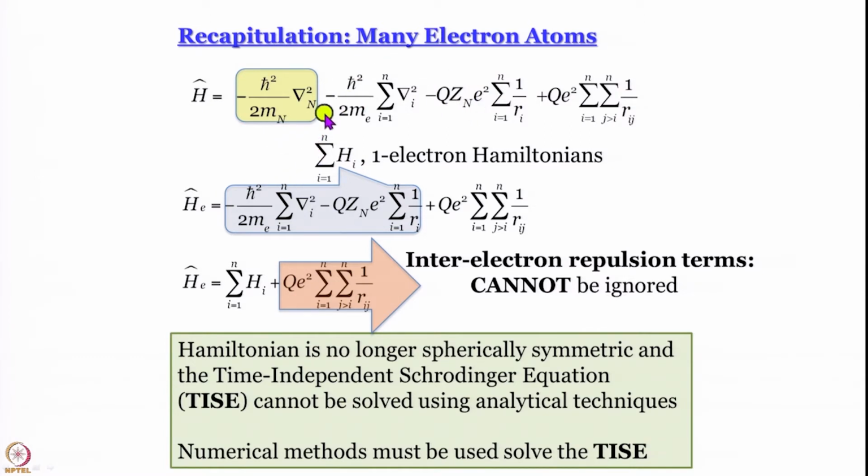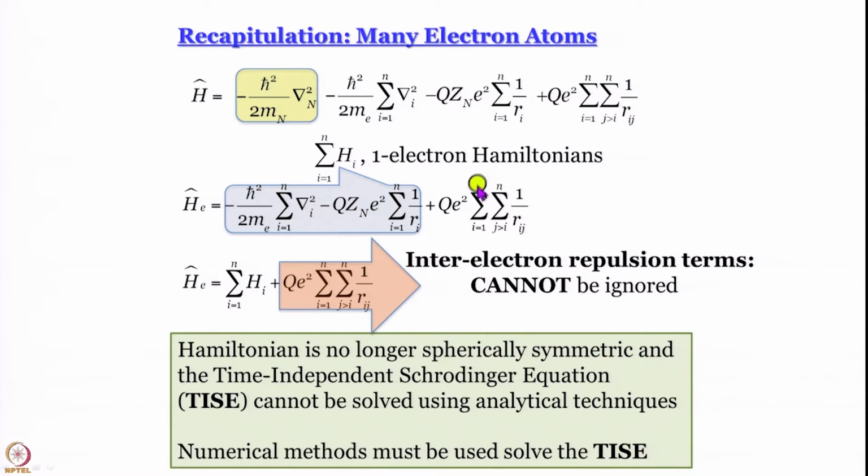What you are left with is a sum of n number of kinetic energy terms, one for each electron, a sum of n number of nucleus electron, proton electron attraction terms, minus q n e square sum over i to n 1 by Ri, and you have this problematic plus q e square, a double summation 1 by Rij terms. So, these turn out to be the 1 electron Hamiltonians, these ones, that is not a problem.